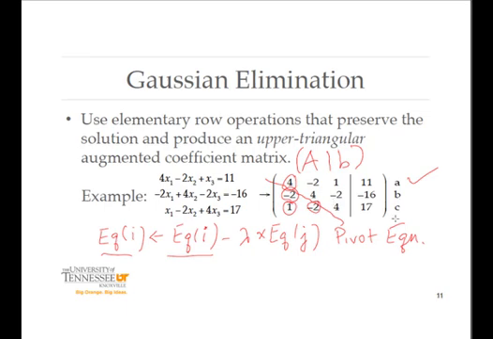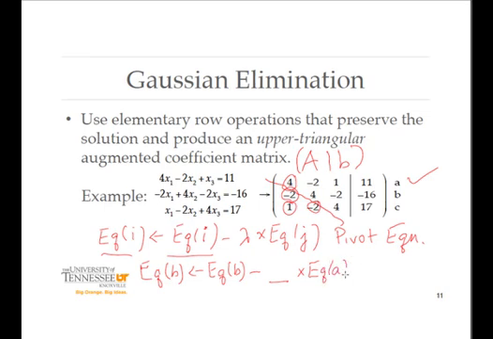So the script, if we're just trying to represent the operations that we're going to have to do, is that we're going to have to update equation B by itself using this pivot equation approach. This is just prescribing, and then we'll do it. We will take equation B, and it's going to have to be updated, and we need to use some multiple of equation A to get it.